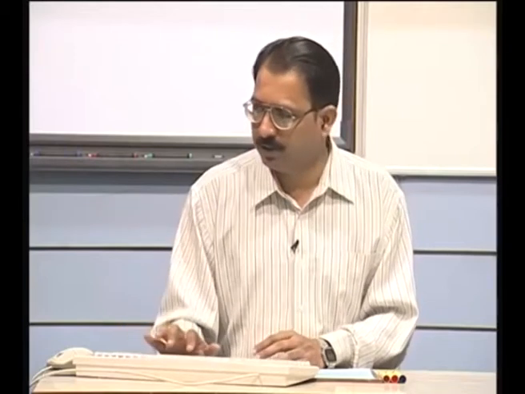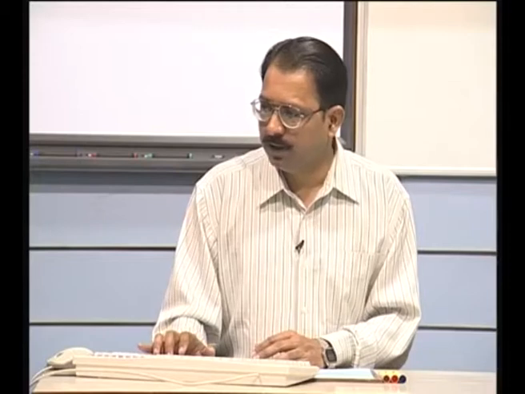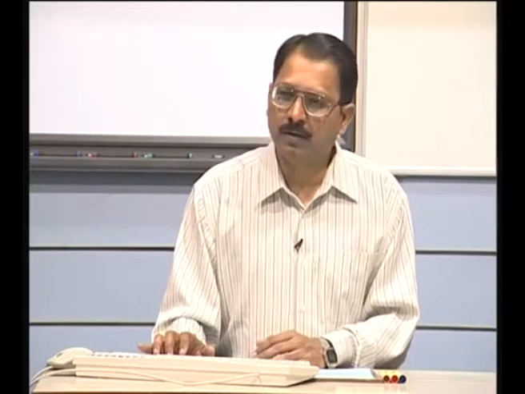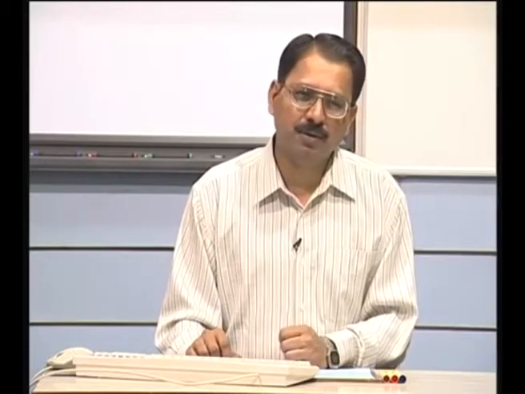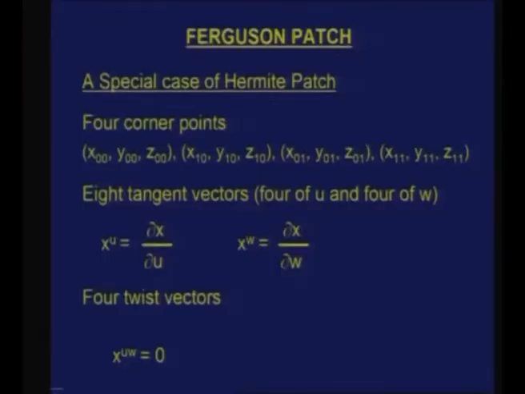So, it is basically a simplicity and continuity compromise which gives the difference between a Hermite patch and a Ferguson patch, which is shown here. One way to define a Ferguson patch is to take the equation of the Hermite patch and substitute 0. I then have a new surface, which is a Ferguson patch.